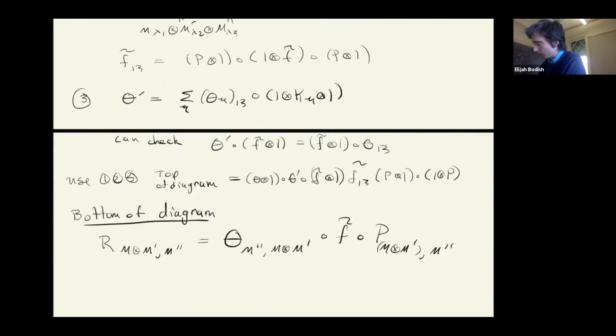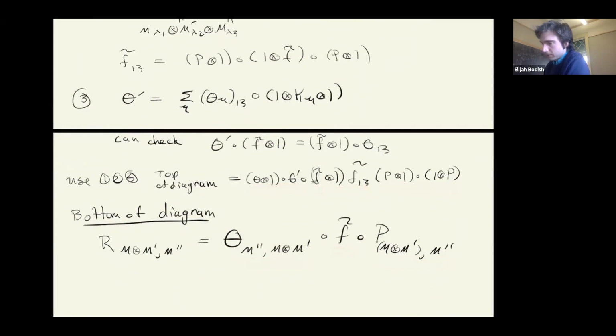In order to get things to work out, I can tell that this p matches this p. So those are just these compositions of the linear maps that flip tensor factors. So I just need to check the connection between these f's and this f, and these Θ's and this Θ.